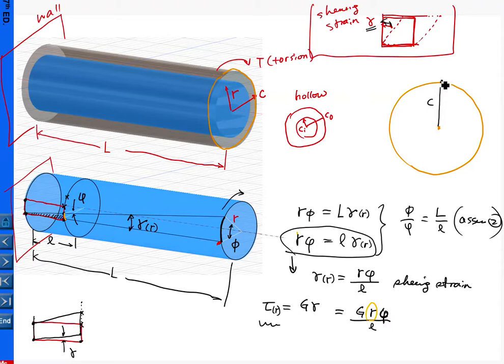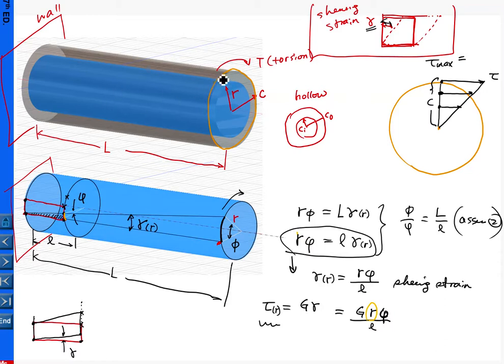So schematically, you can see the shear stress is in a linear distribution like this. At this radius, the magnitude is that. At this radius, the magnitude is that one. So the radius equals c here, and the maximum happens at the outer perimeter.